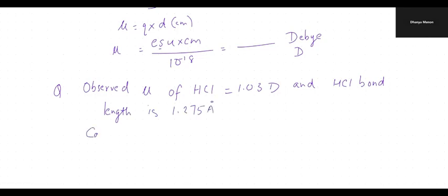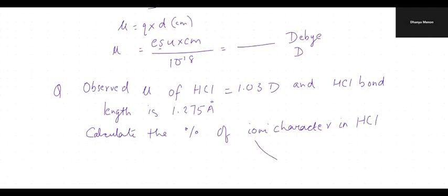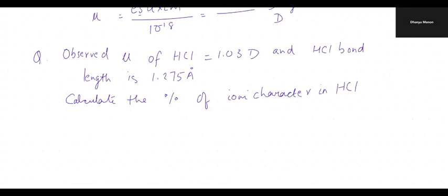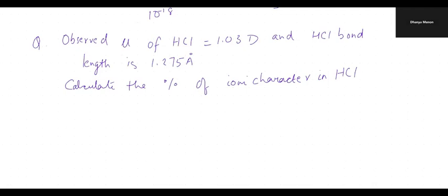Calculate the percentage of ionic character in HCl. Over here, 1 Angstrom is equal to 10 raised to -10 meters, or 10 raised to -8 centimeters. This conversion, I hope you know it.